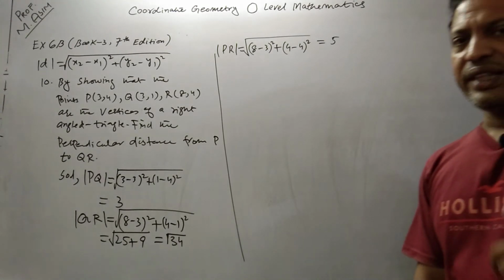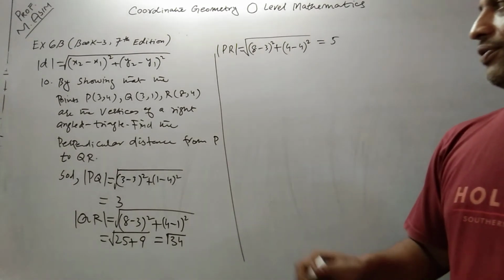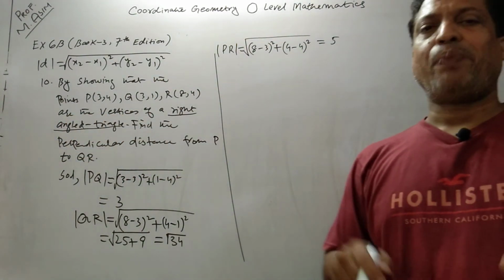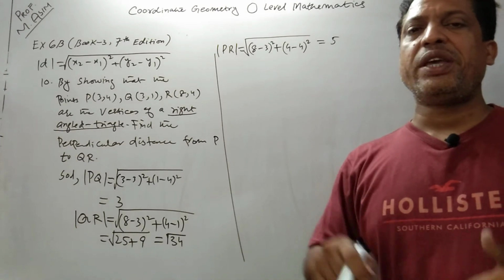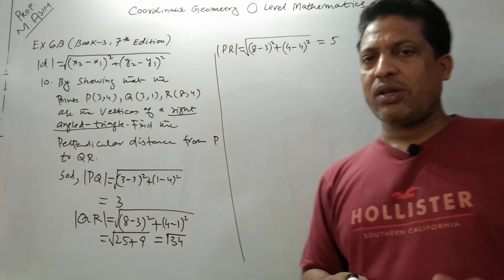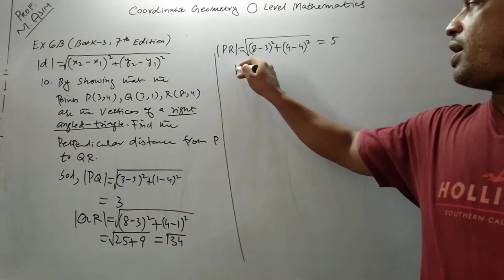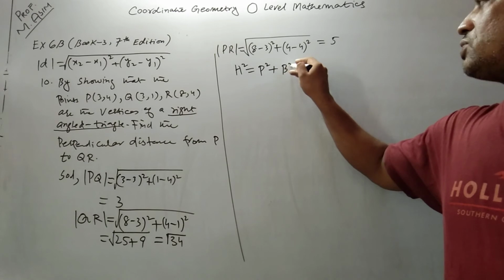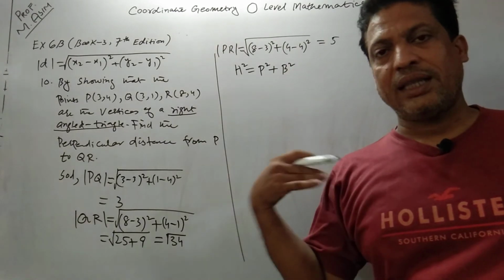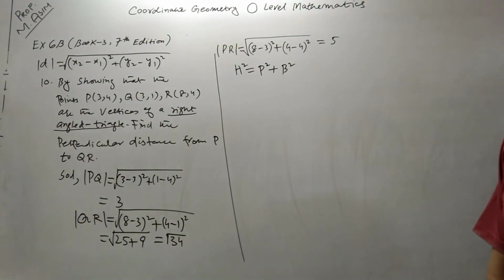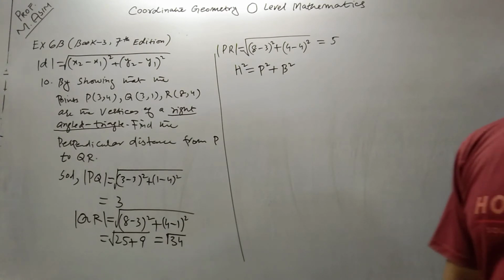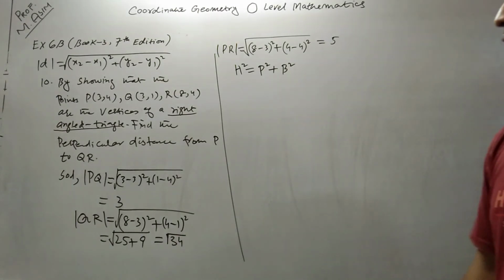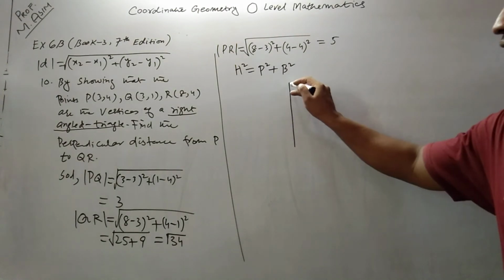Now, if these are the vertices of a right angled triangle, then Pythagoras theorem must hold. What does Pythagoras theorem say? The square of the hypotenuse is always equal to the sum of the squares of the other two sides. But how do we say which one is the hypotenuse? See this carefully.